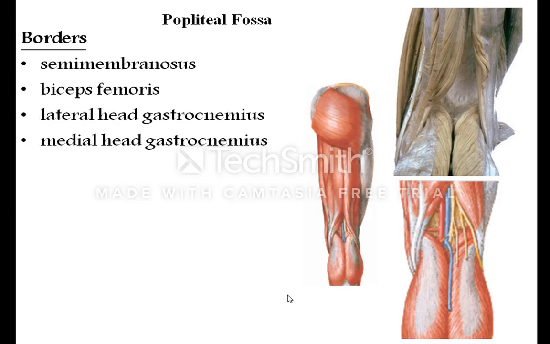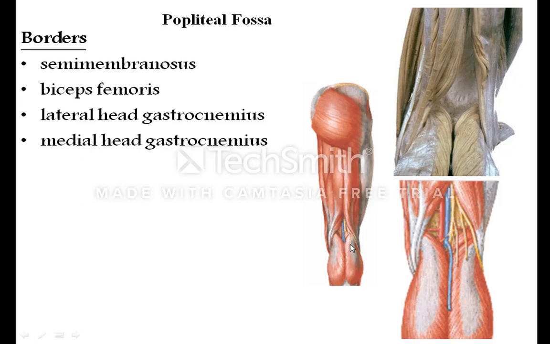So this here shows the diamond-shaped popliteal fossa. As you see here, these boundaries: here we have the semitendinosus and the semimembranosus. In some textbooks we can find just the semimembranosus here, and this is the biceps femoris, superior lateral, and here this is superior medial.